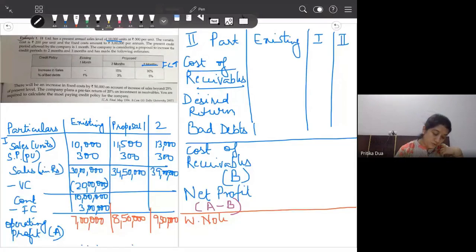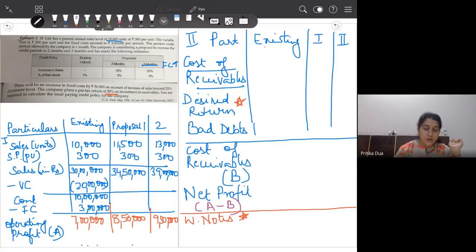So now to calculate the desired return on the receivables, you are given that 20% is the expected pre-tax return on investment in receivables. So you need to calculate how much amount is locked up in receivables. I am calculating for the existing policy. Similarly, calculate for proposal 1 and 2.